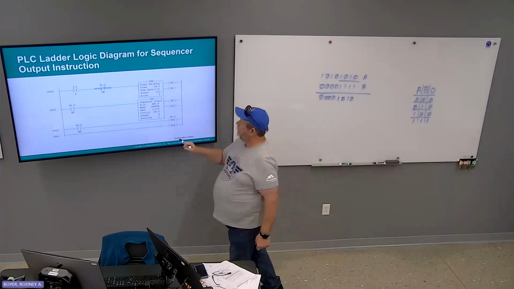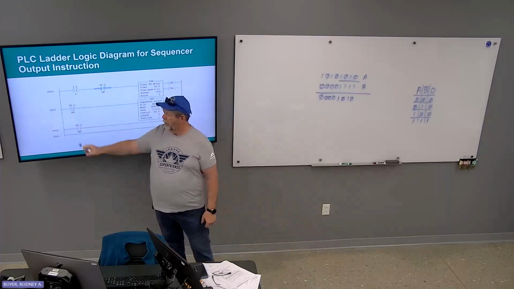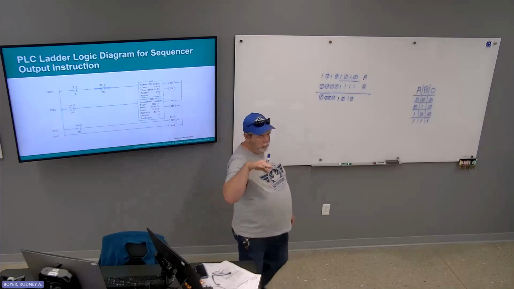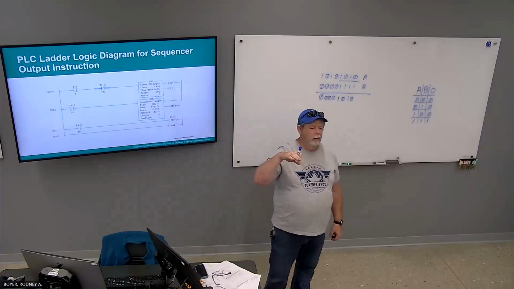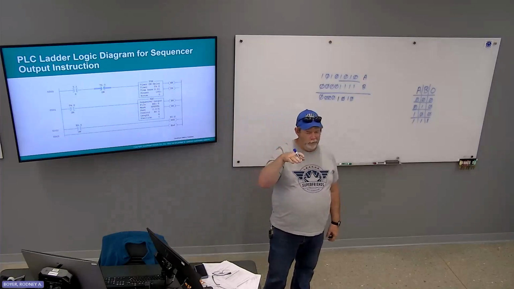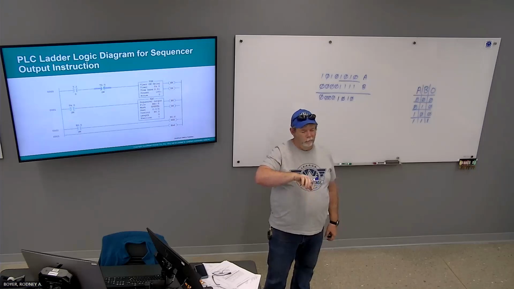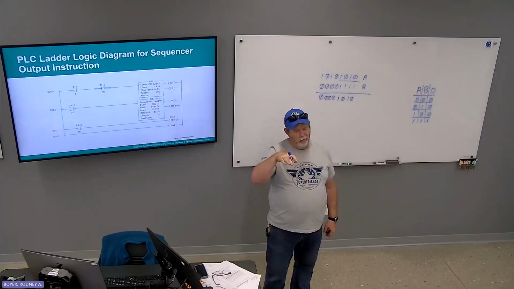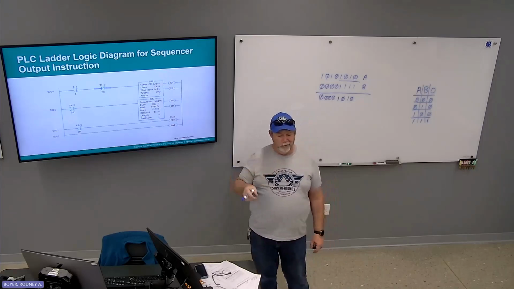So if this conditional logic continues to evaluate as true, the sequencer doesn't do anything until it sees a false, or at least one scan that has that true again, or else it just sits there and does nothing.